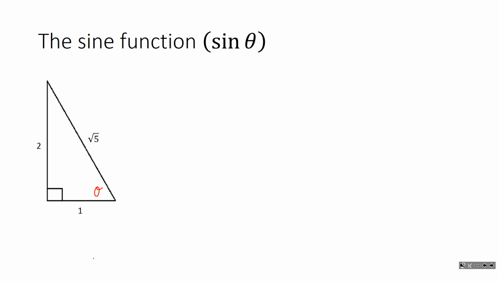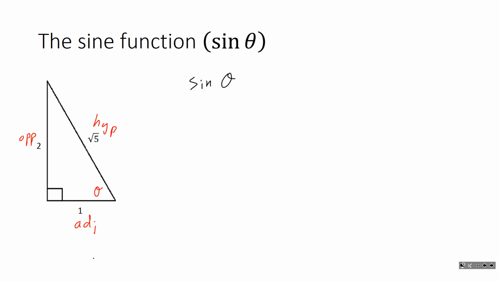Once I have chosen that as my angle of interest, then the side across from it is the opposite. It's the side opposite that theta. Notice the hypotenuse is always the side across from the right angle, and therefore we're left with the side adjacent to our angle.